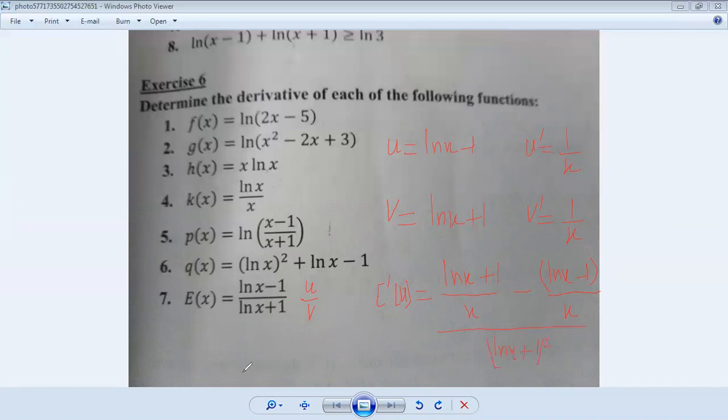Here we have the same denominator, so we have ln x plus 1 minus ln x plus 1, minus minus 1, then we get 2 over ln x plus 1 squared.